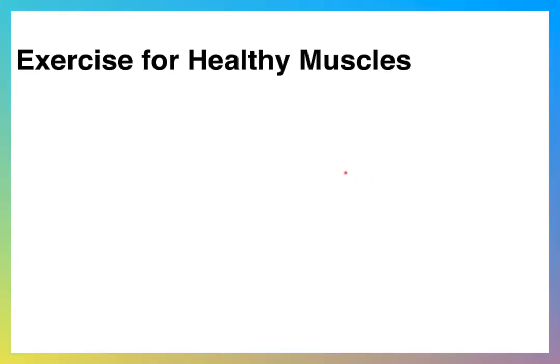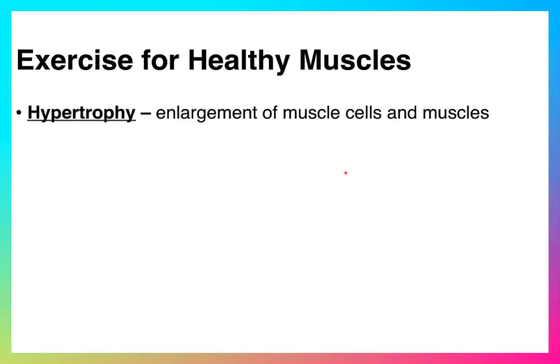So what about exercise? We'll finish by talking briefly about exercise. Muscles, when they are stressed, react to stress by hypertrophy. Now I'll explain two terms here. There's hypertrophy and hyperplasia. And there are two different ways in which body tissues respond to stress.